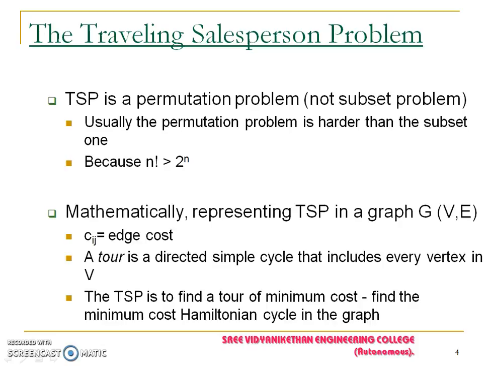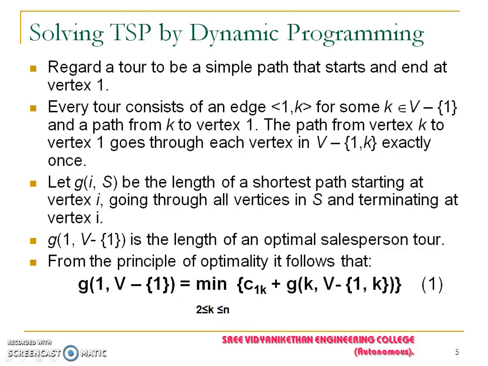To represent the TSP mathematically, we use a graph G with vertices V and edges E, and the cost of the edge from vertex i to j is Cij. We understand that the solution for TSP is just a Hamiltonian cycle in the graph with minimal tour cost. Consider an instance.